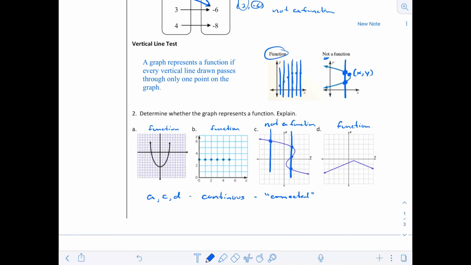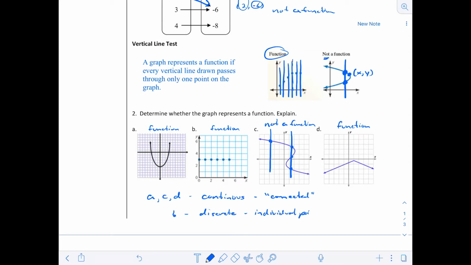The other type is, for part B, we call this a discrete graph or a discrete function. And in this case, what you have are individual points that are not connected.